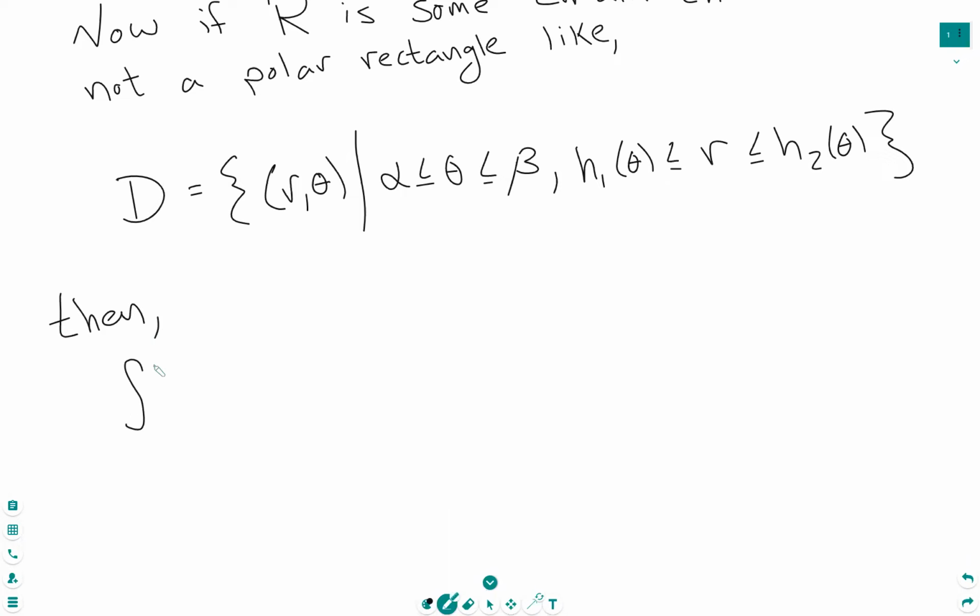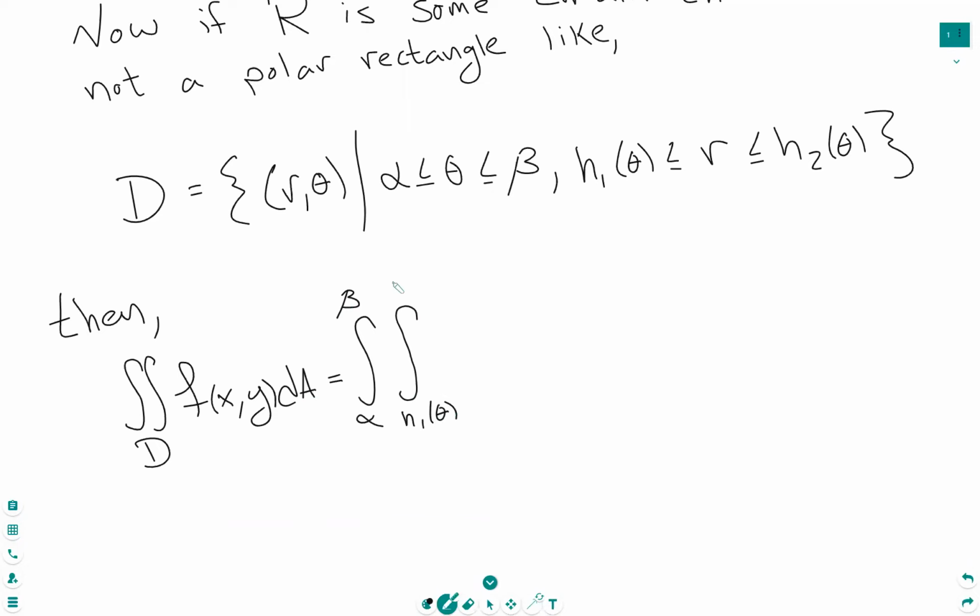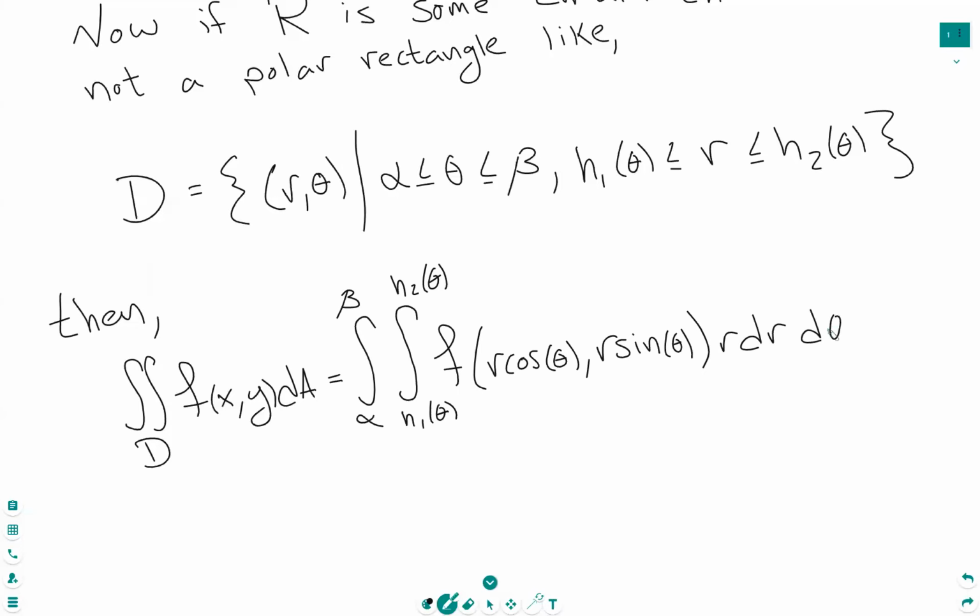We can say that the double integral over the region D of f of x and y dA is the integral from alpha to beta, and then the integral from h1 of theta to h2 of theta, f of r cosine theta, r sine theta, r dr d theta.